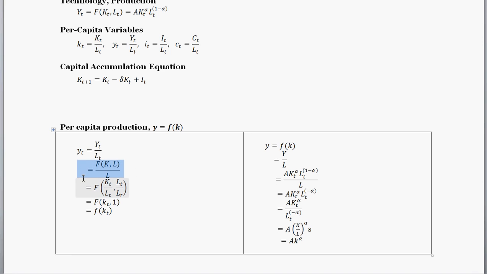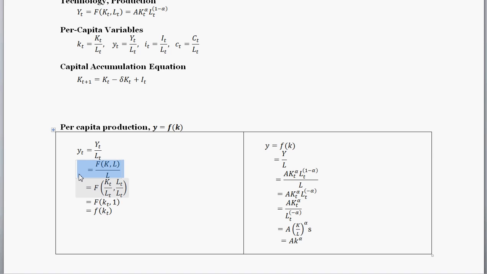Similarly, it works the other way. If you reduce aggregate output by some amount, then you can do that by reducing the factors by the same amount. Thus, lowercase y, per capita output, is equivalent to the production function with per capita factors. So note that this only works because of the constant returns to scale assumption.